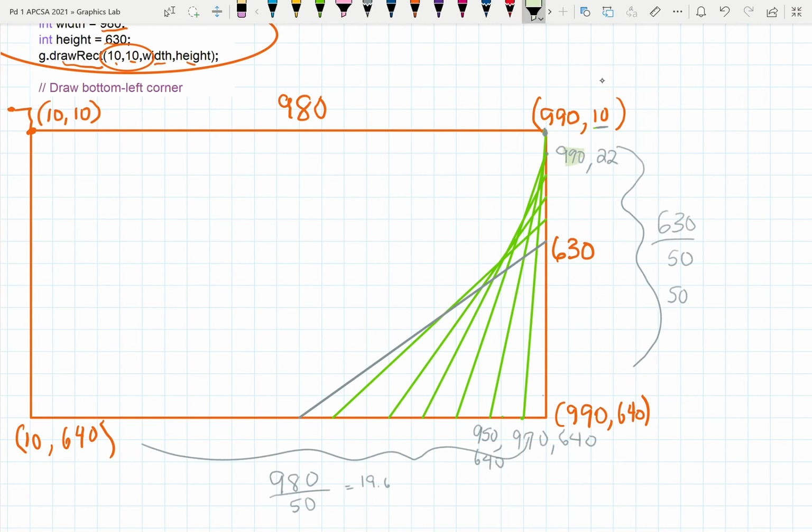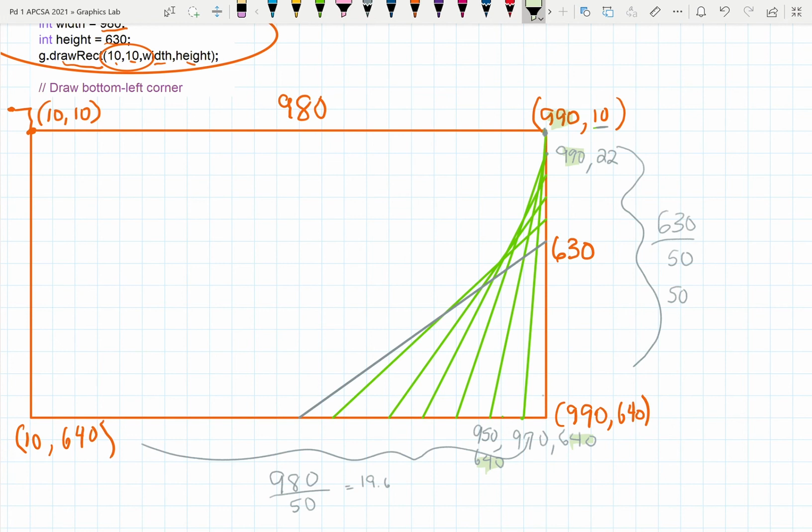The x coordinate does not change for the first point that I'm going to connect. I'm going to connect those with g.drawLine. And on this one, the y-coordinate doesn't change, only the x-coordinate changes. So in your loop, you're going to have to create a situation where you're doing a g.drawLine that connects an xy pair to another xy pair.